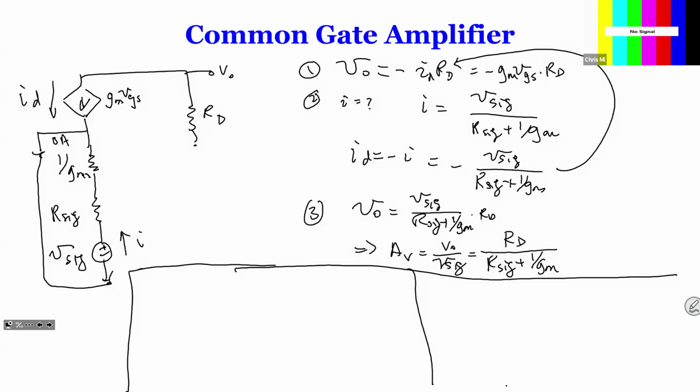So in this circuit over here, there's one thing just to be careful is that this RSIG is troublesome often because RSIG is the internal resistance of the source. So ideally, RSIG is not part of the amplifier, right? Because if you replace the input with a different source, this RSIG will change. So therefore, when you calculate the input resistance, often what you do is you don't include this one.